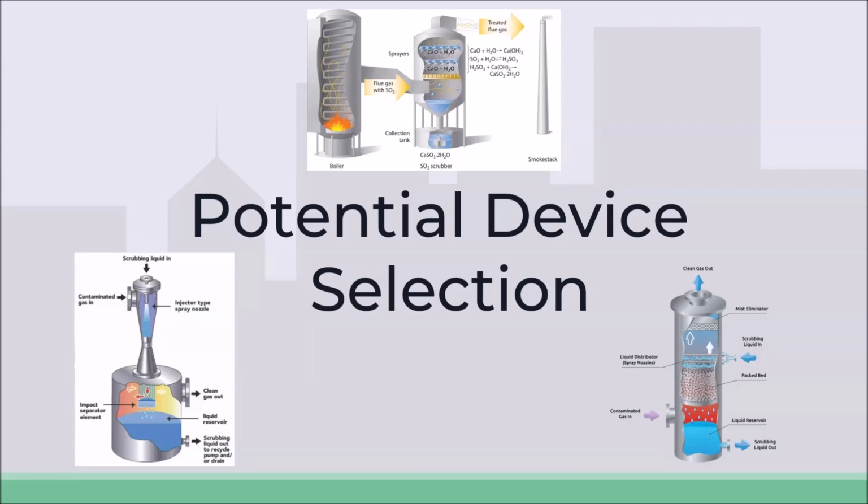Among the many designs available, three of the most widely used systems are the packed bed scrubbers, the Venturi scrubber, and spray tower. Each has strengths suited for different types of pollutants. Let's briefly review each option.